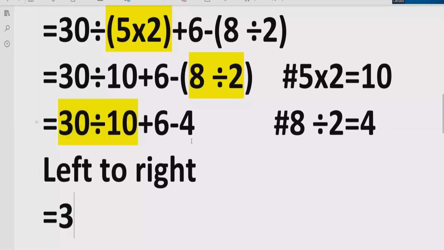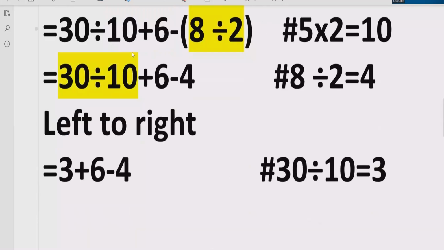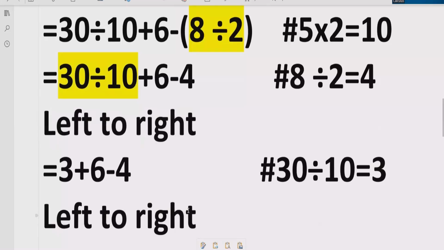And plus 6 minus 4 we will write as it is. And here we will give the reference: 30 divided by 10 equals 3.